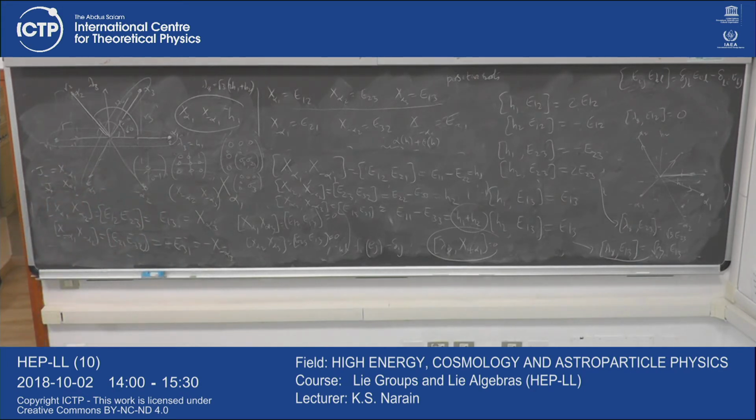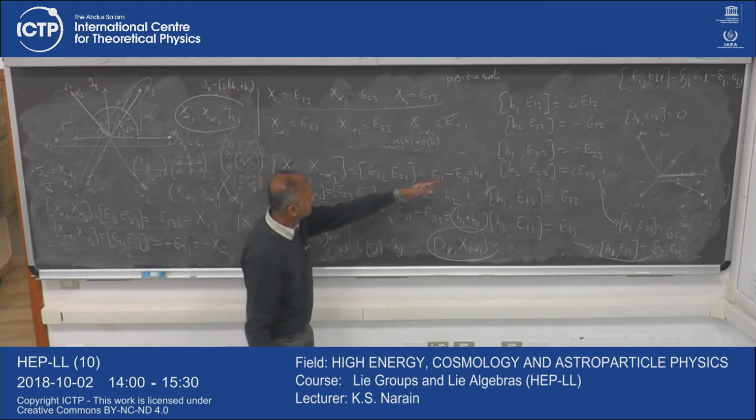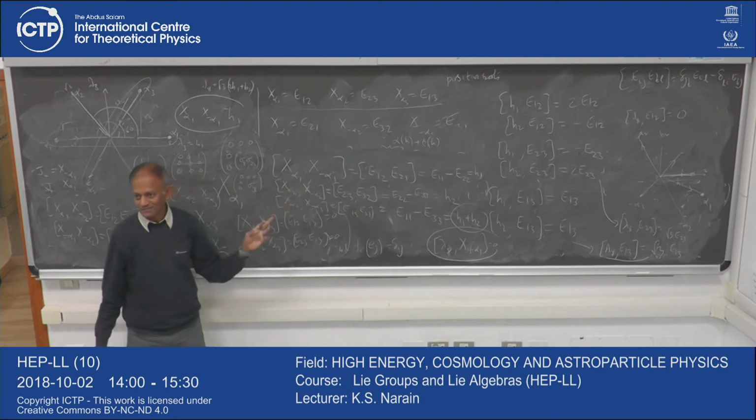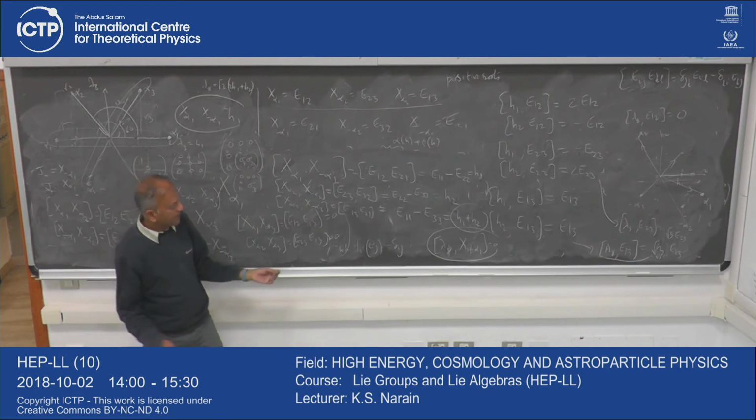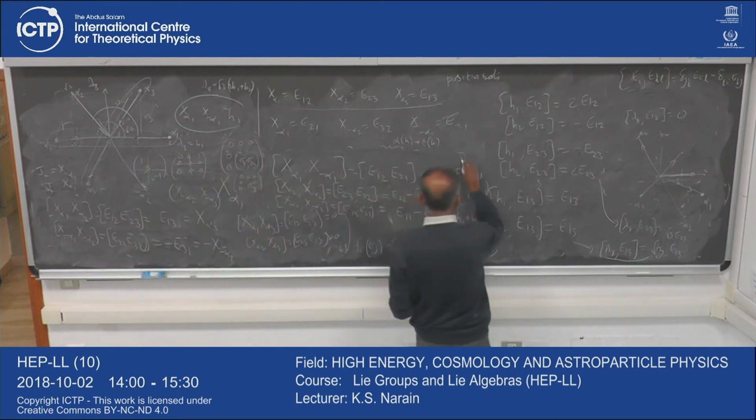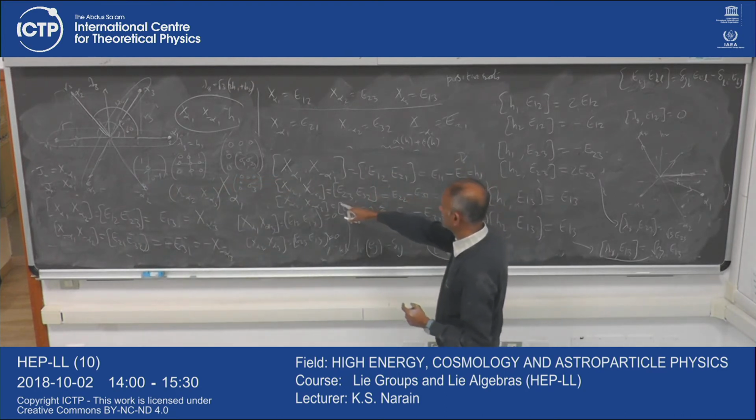Now to find the other combination, the singlet combination, you need to find the other element which commutes with this. Because you want a singlet, it should completely commute with all the SU2 generators. That is why in this particular case it was lambda 8. Now here, what will it be?